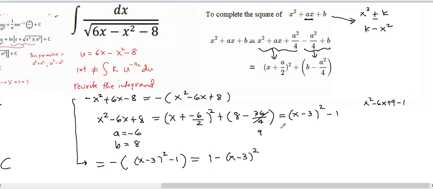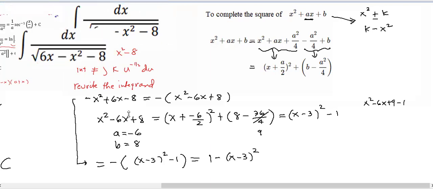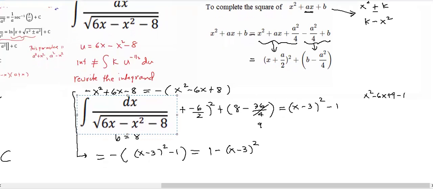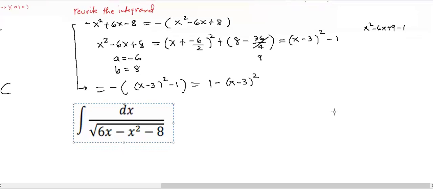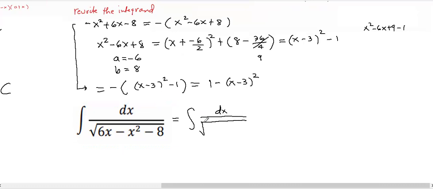Okay? So, the integral now, ito ngayon, copy, paste. So, this is equal to the integral of dx over square root of, ano yung rewrite nito? It is this one. So 1 minus x minus 3 square.